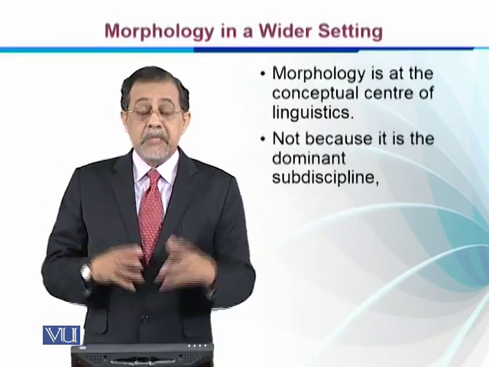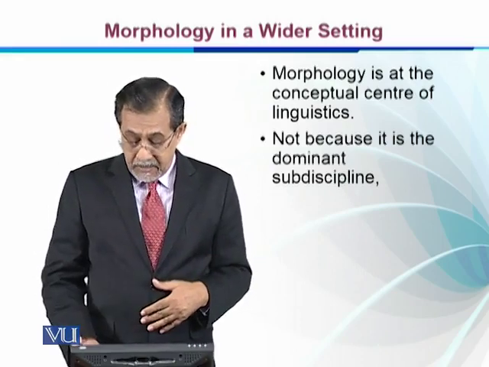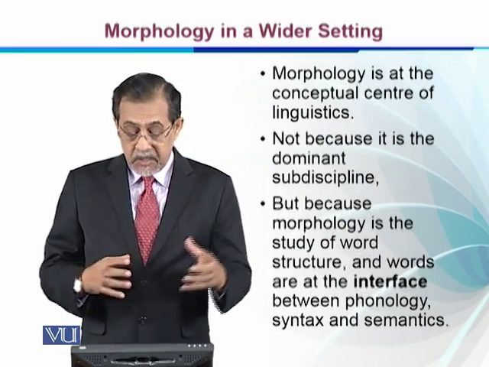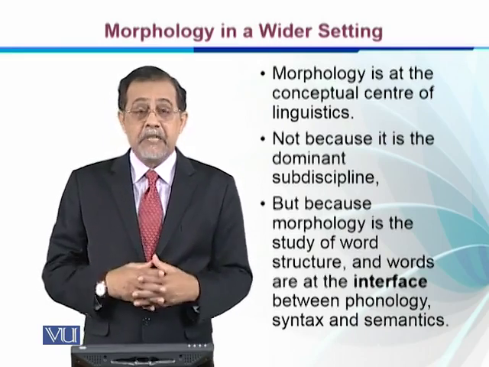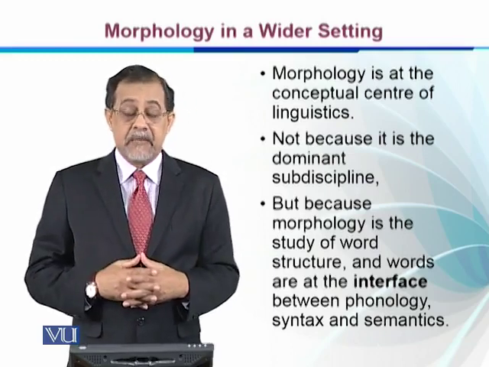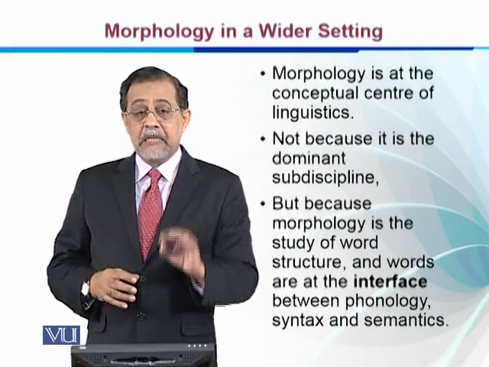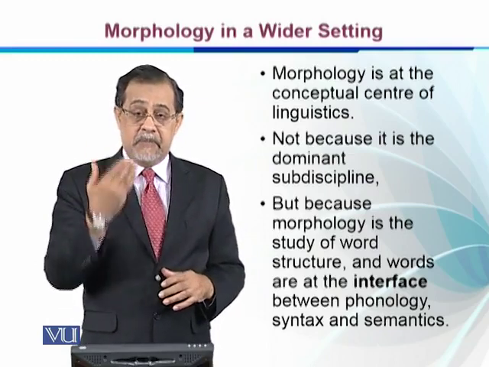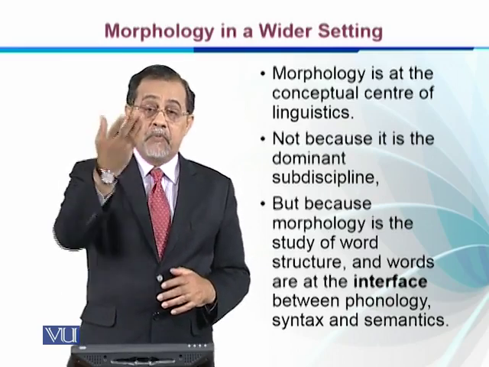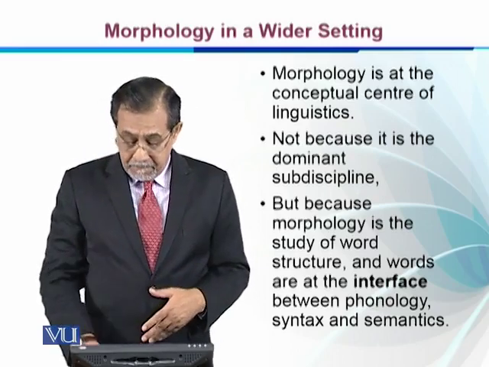Not because it's the dominant subdiscipline, but because morphology is the study of word structure, and words are at the interface between phonology, syntax, and semantics, right? So it is like the interface.